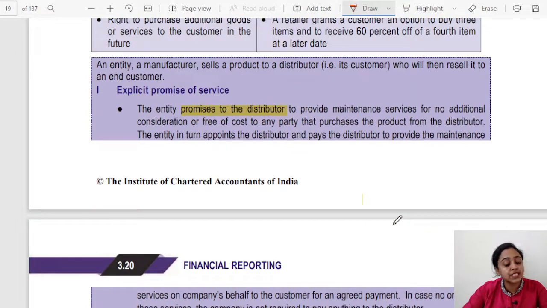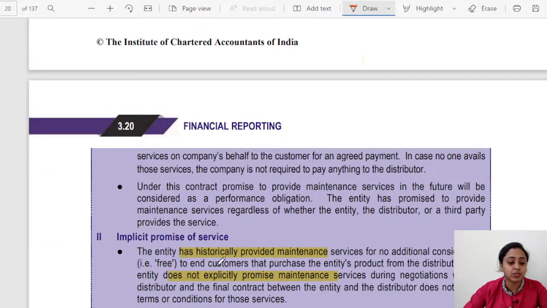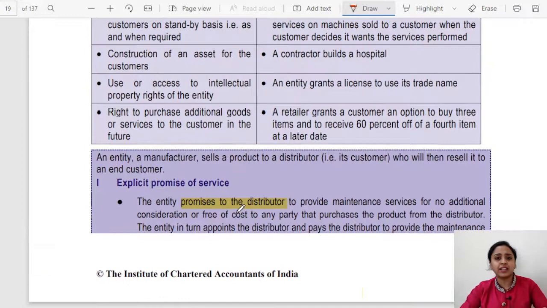Next, what is an explicit promise of service and what is an implicit promise of service? I think we have discussed these two topics in the notes as well. To make it a little clearer, let me discuss this once more. Whenever you are doing a contract and you are specifically, explicitly, or separately negotiating the terms and laying down the terms and conditions, this is known as explicit. Whereas an implicit promise is where the terms are not negotiated; they are already known to both parties.